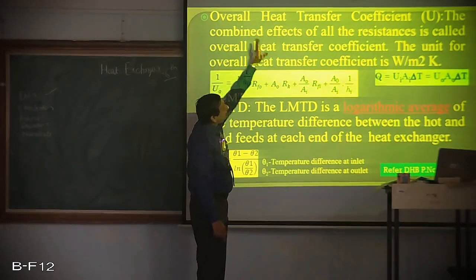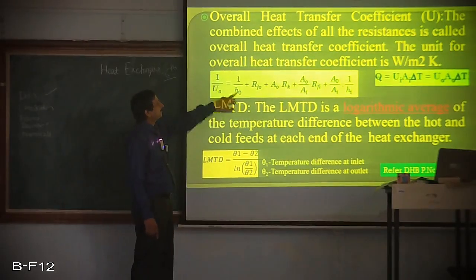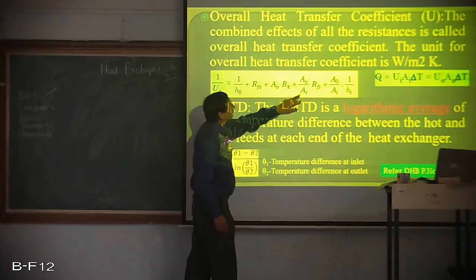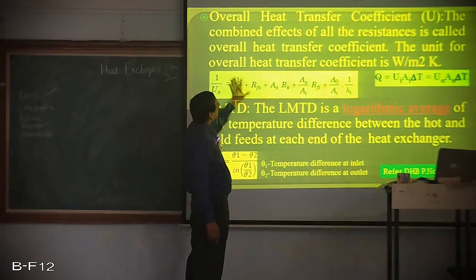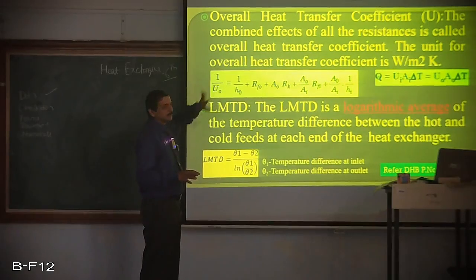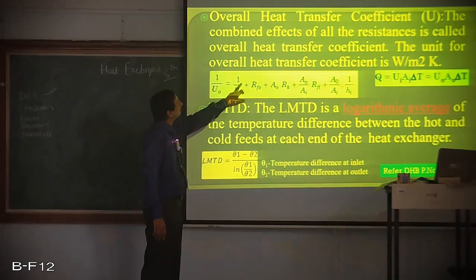So involving the resistance of all of these, this is for the outer fluid, this is for the inner fluid, and this is the conduction resistance. If we involve all of them, what comes out is nothing but the overall heat transfer coefficient. See the equation: 1 upon U_o equals this much.